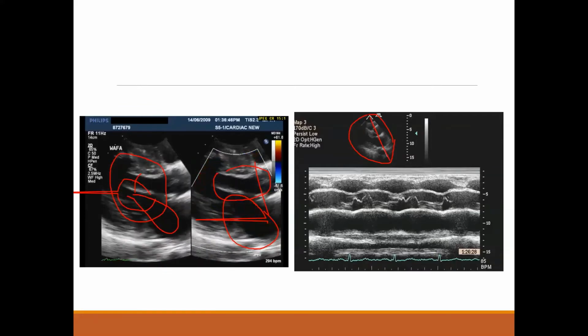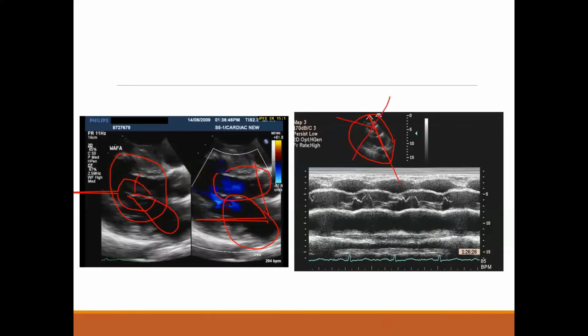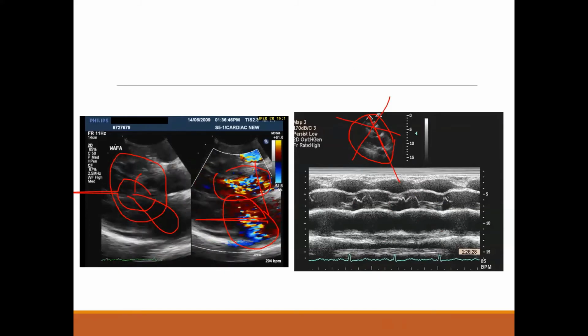It is cutting through the aortic valve. So this one here is the aortic valve. Otherwise, if you don't see this, you might think this is the mitral valve and you get lost. So look up. This is the aortic valve.